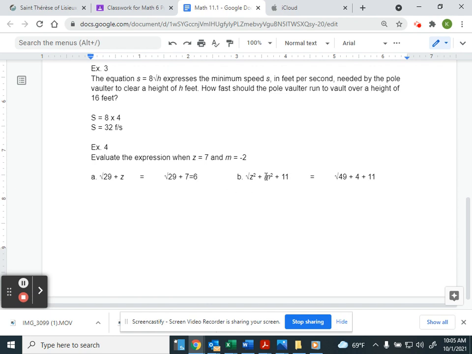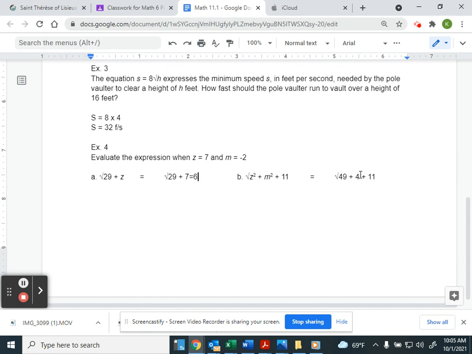So look at B. They filled in the -2 and, oh, sorry, over here, we had Z squared, which is 7. 7 squared is 49. -2 squared would be a +4 plus 11.